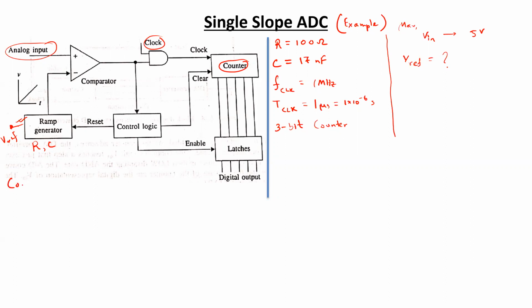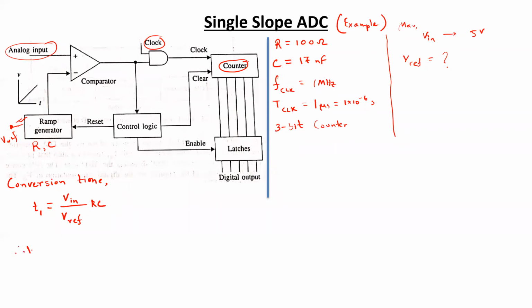The conversion time, the time required to convert a particular analog signal into its analogous digital form, we represented it as T1 in our previous lecture, and the relation was in terms of the input voltage, the reference voltage, and the values of R and C. Here the reference voltage is the quantity that we need to determine.